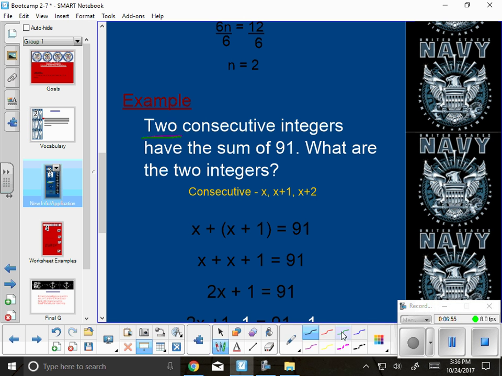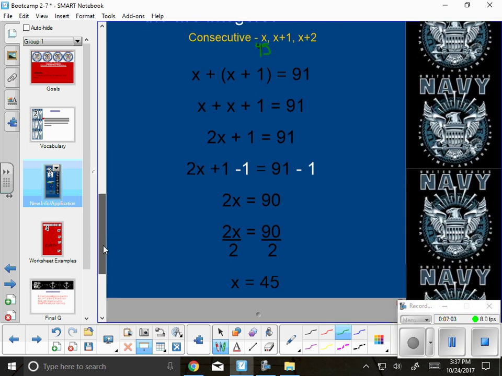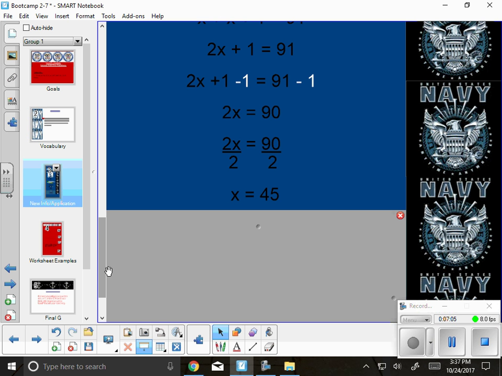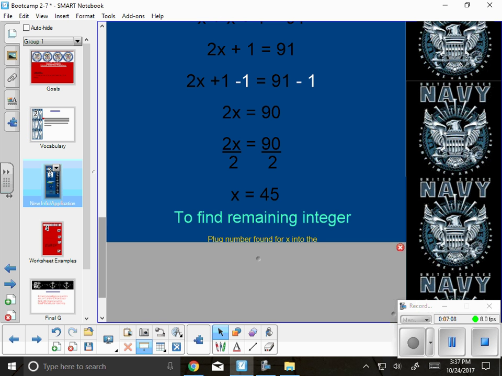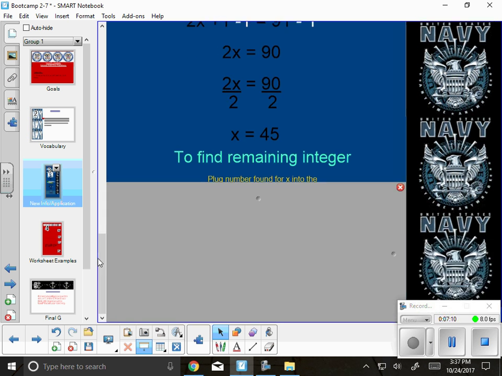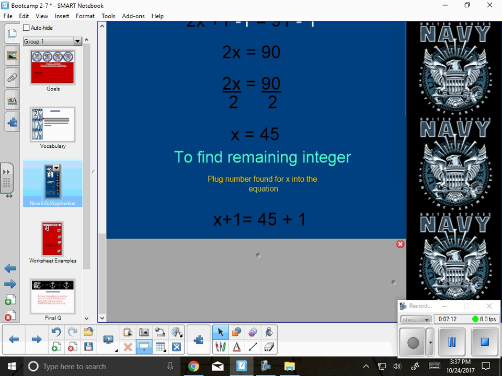Right now we have x equals 45. But now we need to figure out how to get the other integer. In order to do that, you're going to plug the number you found for x into the equation. The equation to find the next integer is x plus 1.